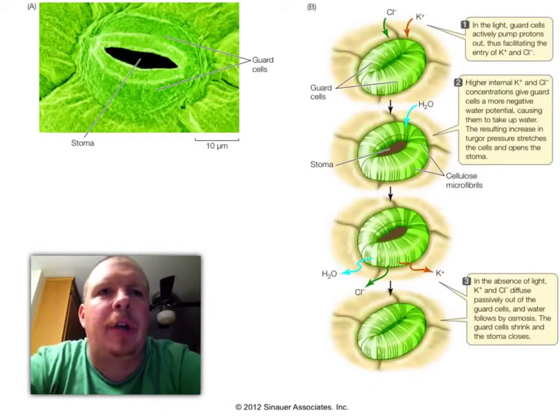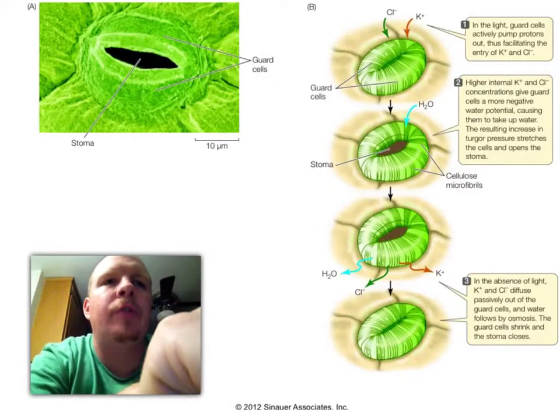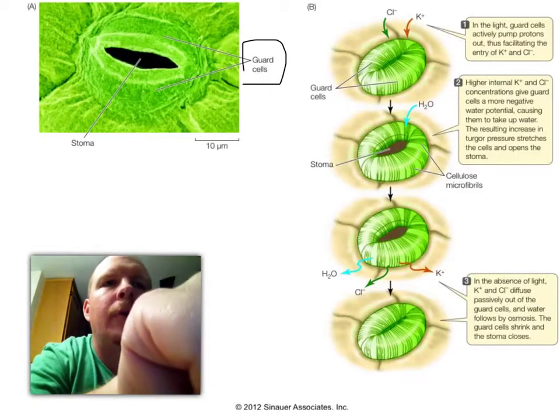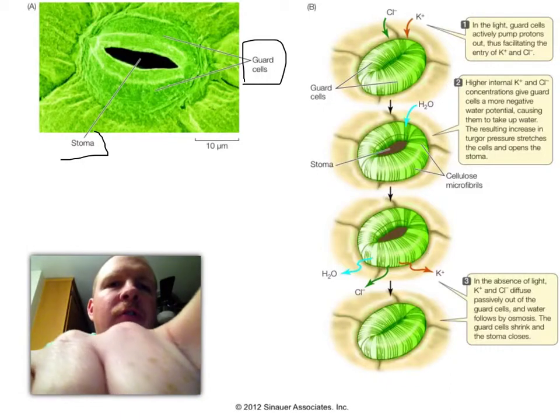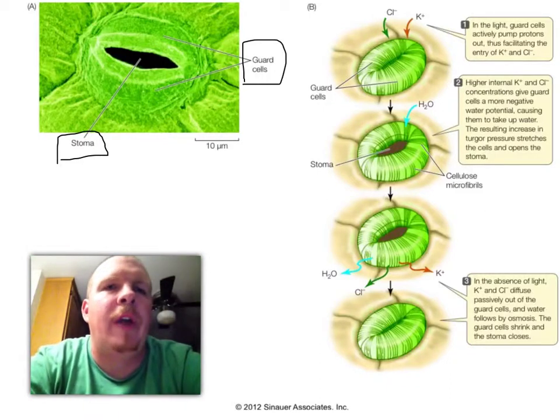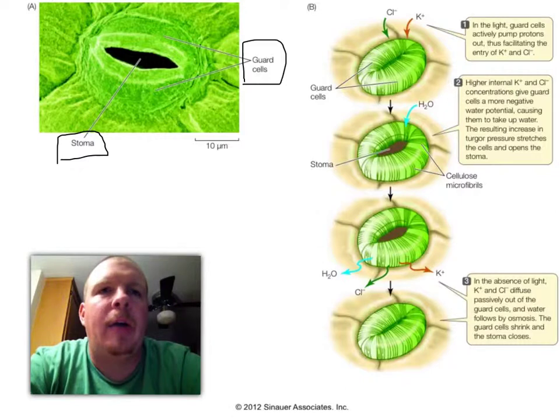If you look at the upper left picture, you have two guard cells on either side of an opening called a stoma. The stomata, plural, is the opening in the leaf that allows water to evaporate or transpire out of the plant.